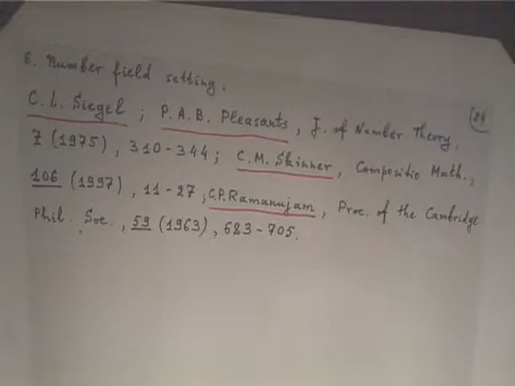Now Skinner. The goal of Skinner's paper is to obtain an analog of Birch's theorem. Already at the end of Birch's paper the question of generalizing to number fields is discussed, but he used a standard argument, at that time probably not so standard.